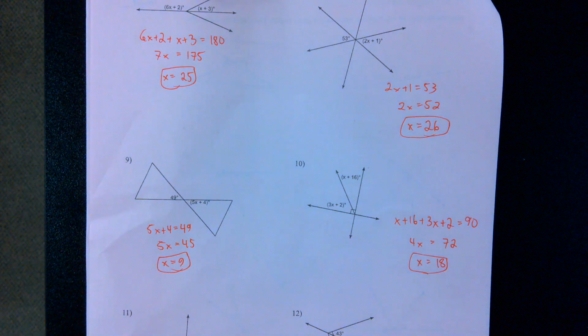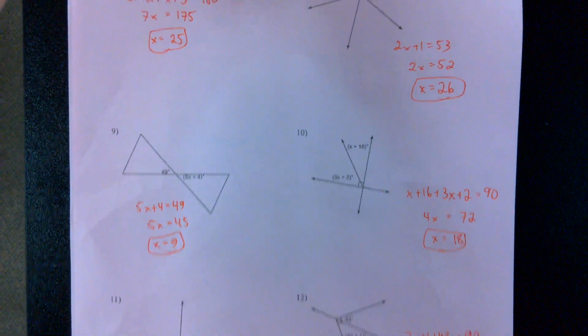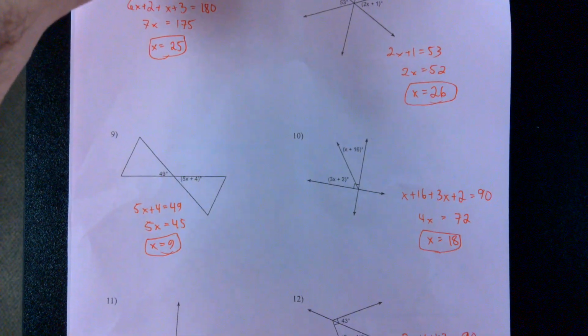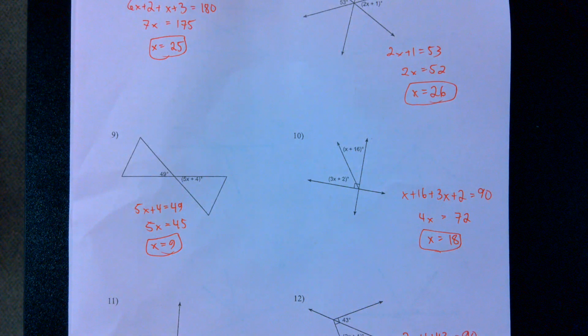If you got something different, take a look at what I set up for my equation and compare it with yours. See, well, did I set this up right? Maybe you added them together when you should have set them equal, right? But take a look. We'll take like 60 seconds to try and spot any problems that we have in those first 4. I know it's kind of hard to see if you're in the back. I'll try. That's as good as I can make it, unfortunately.